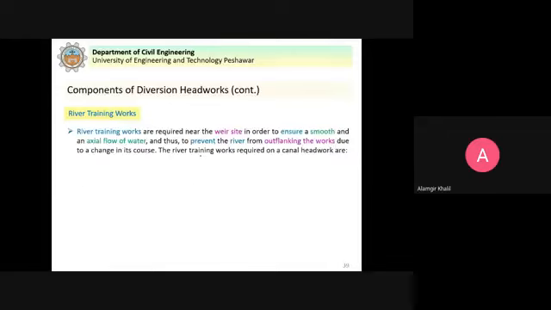Next we have river training works. River training works are required near the weir site, barrage site, in order to ensure a smooth and axial flow of water, and thus to prevent the river from outflanking the works due to a change in its course.